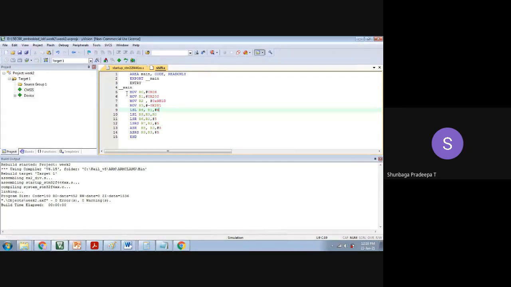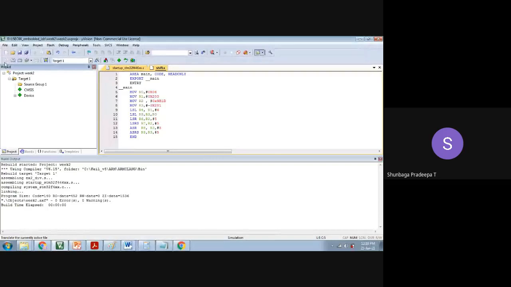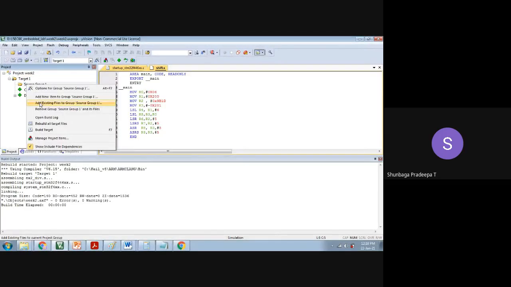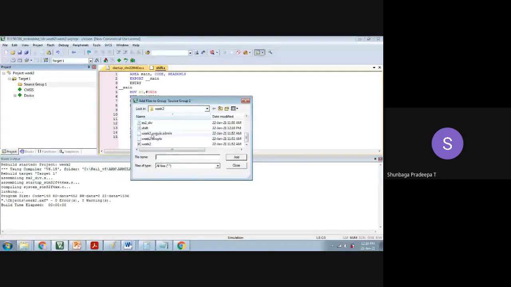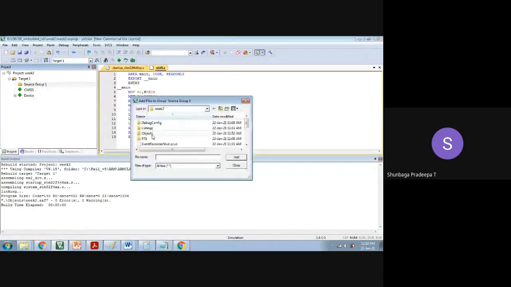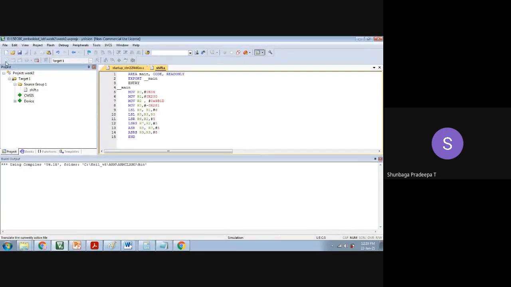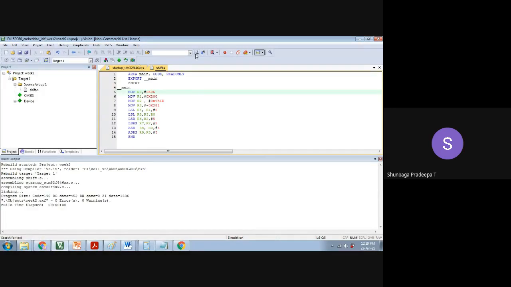Keep the breakpoint. First, I should add this to the project, otherwise this translate symbol will not be enabled. So add the existing file, here it is shift.s. So this is added. Add it and close it. So this is enabled, so you can compile it. So you can insert the breakpoint.